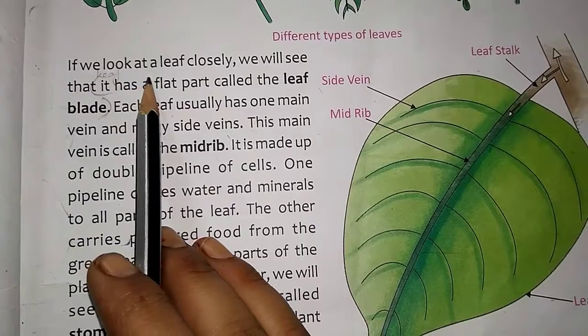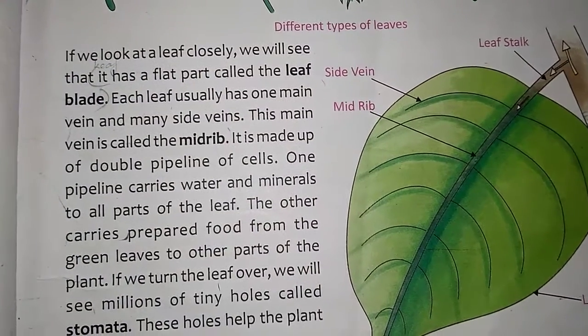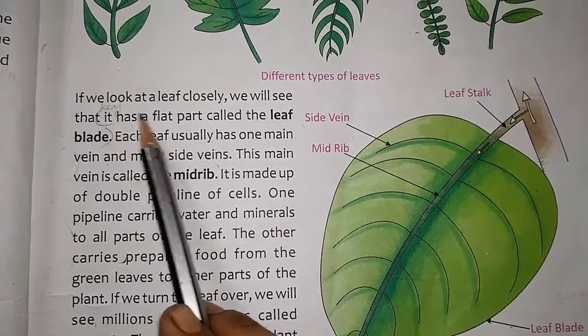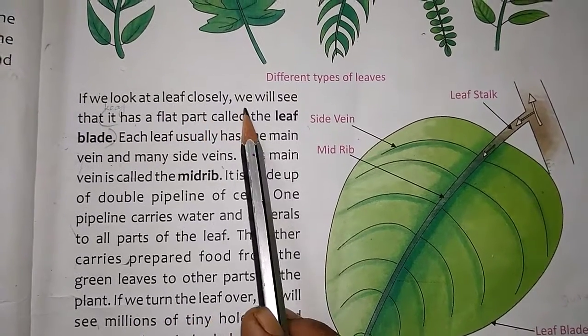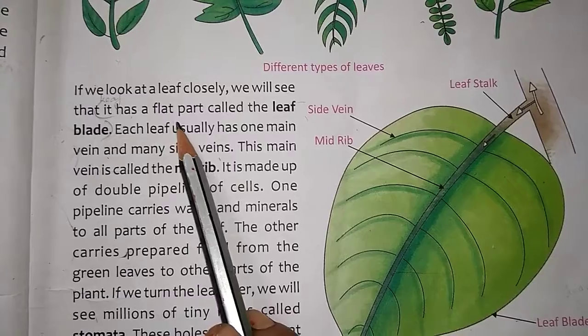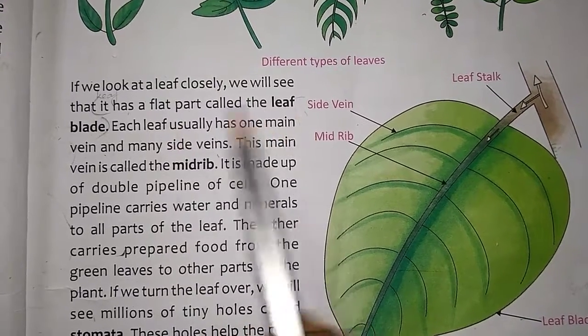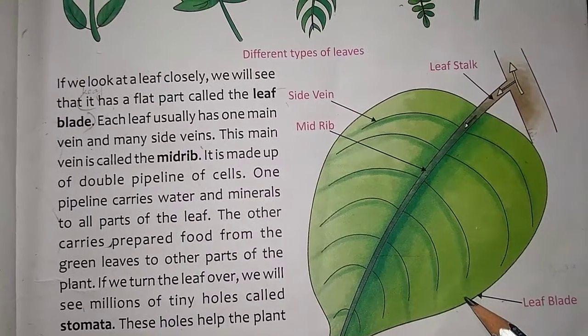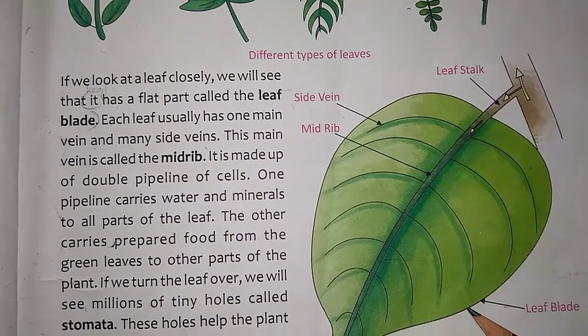If we look at a leaf closely, we will see that it has a flat part called the leaf blade. Now just now I showed, children, this is known as a leaf blade. It is a flat part.